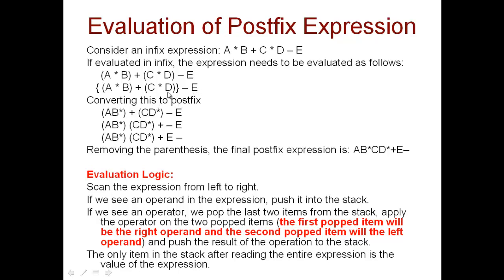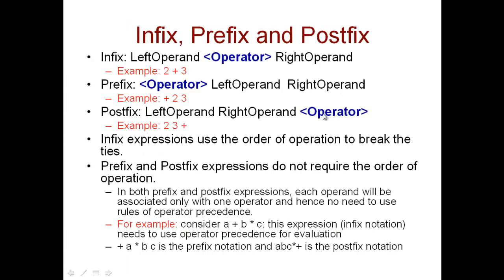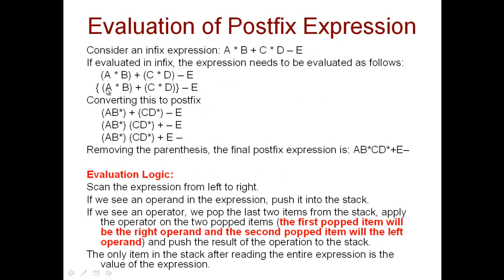That's now sufficient for us to generate the prefix or postfix expression. Let us first do postfix. In postfix, according to our rule, the operator comes at the end. We have the left operand, right operand, followed by the operator. So go through again the order in which you will evaluate this infix expression. The first thing you'll evaluate is A star B, so write A star B as postfix.